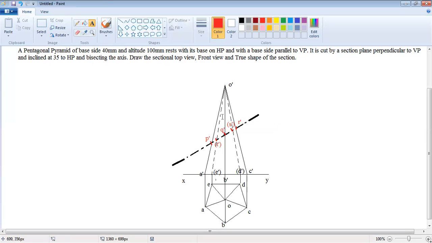So the removed portion is above this cutting plane. We remove this portion. The remaining portion is this one, so we have to darken the remaining portion.